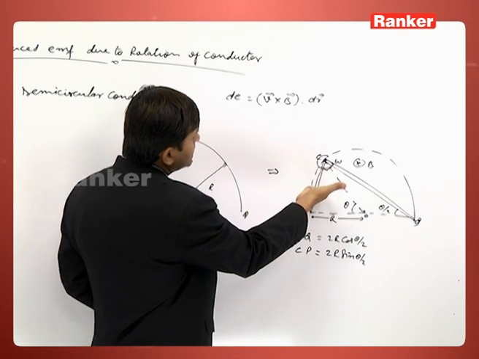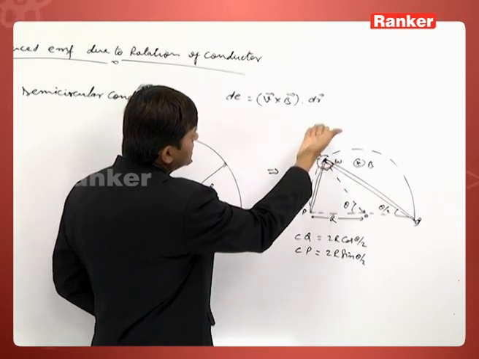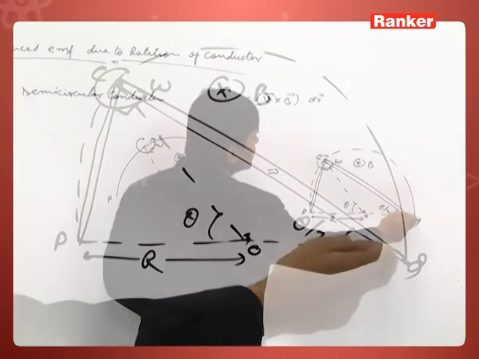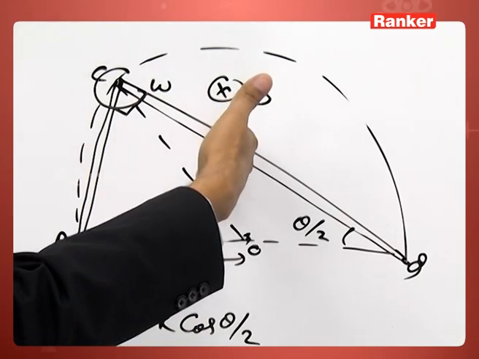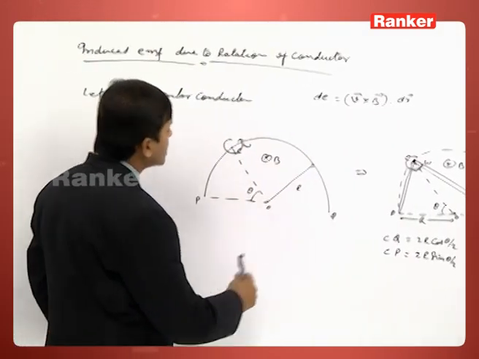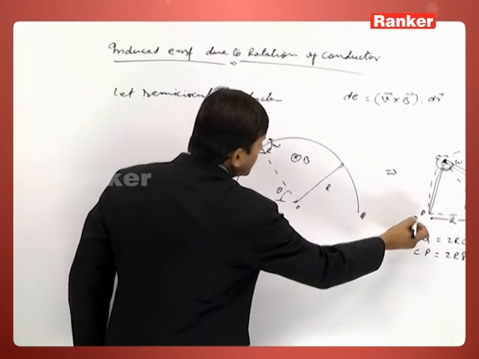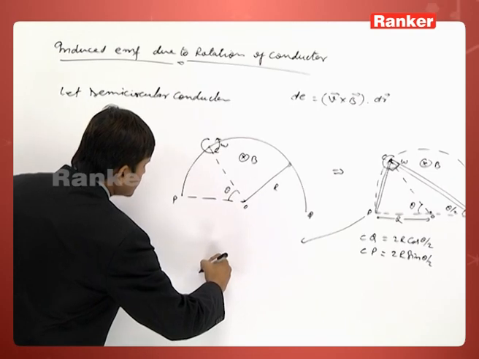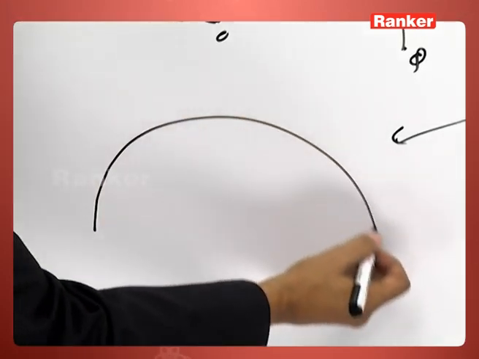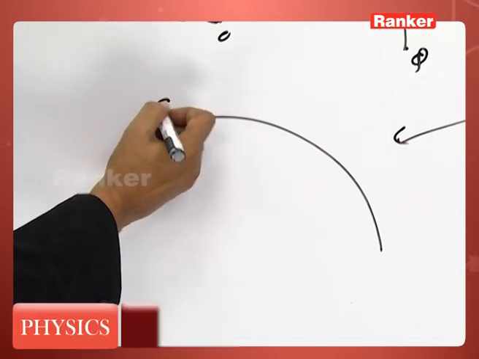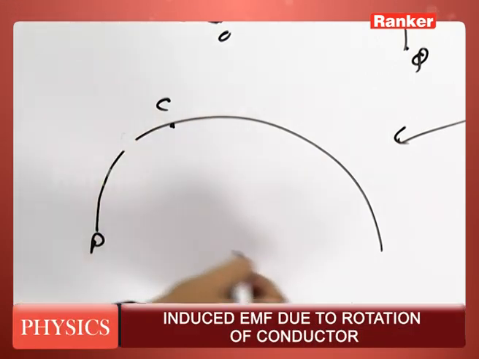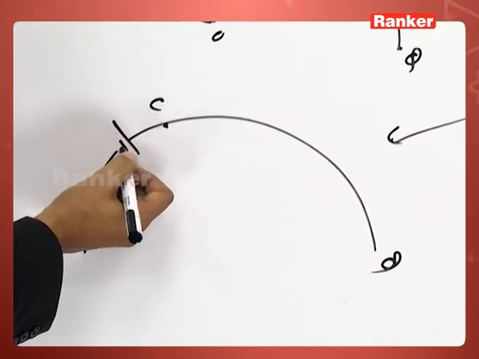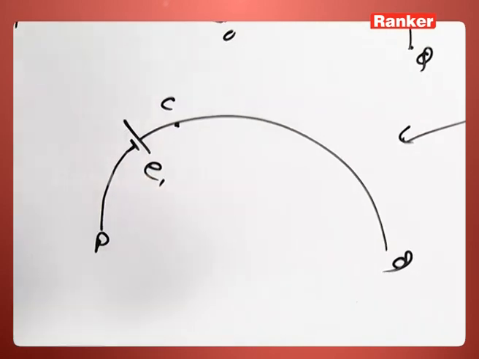See the direction of V cross B. V cross B is towards C for PC, and when we are looking at QC, then also it is towards C. So overall it can be said that the whole acts as two batteries, one between P and C, with C at higher potential, let the EMF be E1.